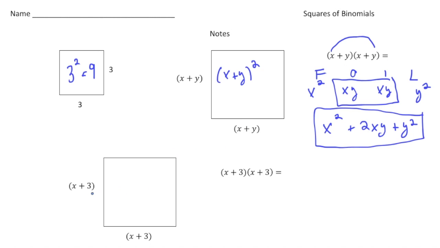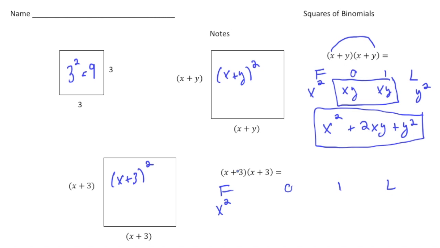All right, here we have x plus 3 times x plus 3. So to find the area, we would do x plus 3 squared. So we're going to square the binomial x plus 3. Again, let's go with FOIL. The first term, x times x, is x squared.